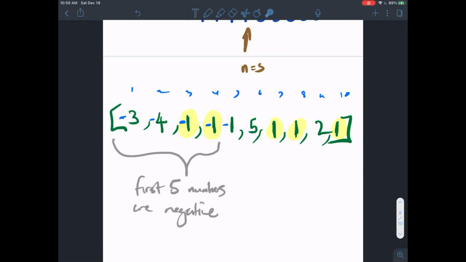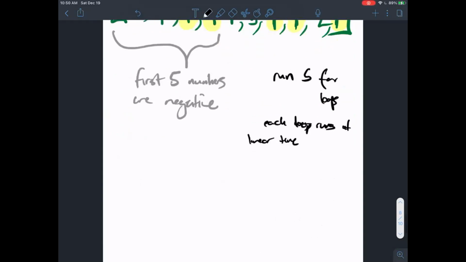So let's say you run maybe 5 for loops, and each loop runs at linear time, then you have big O of 5n, or plus some other constant.